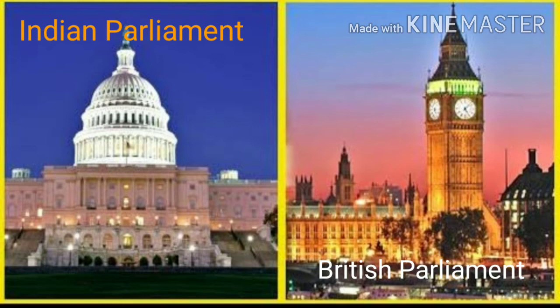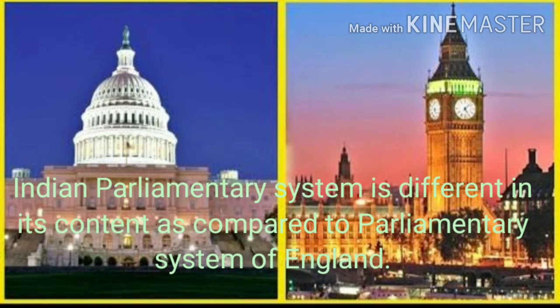Students, though India has adopted parliamentary system from England, there are some similarities in parliamentary system of England and parliamentary system of India. But when we look at an institutional level, there are fundamental differences in the content between the British Parliament and the Indian Parliament.